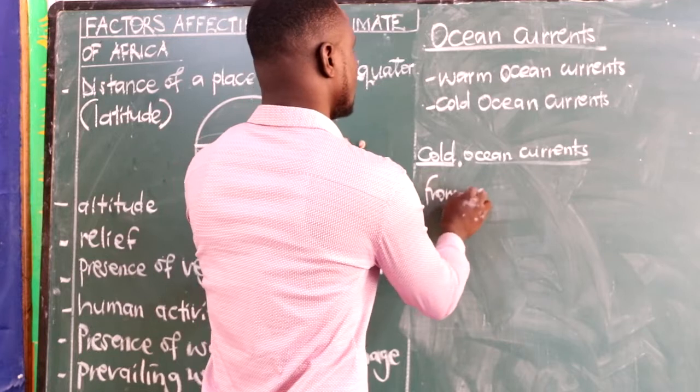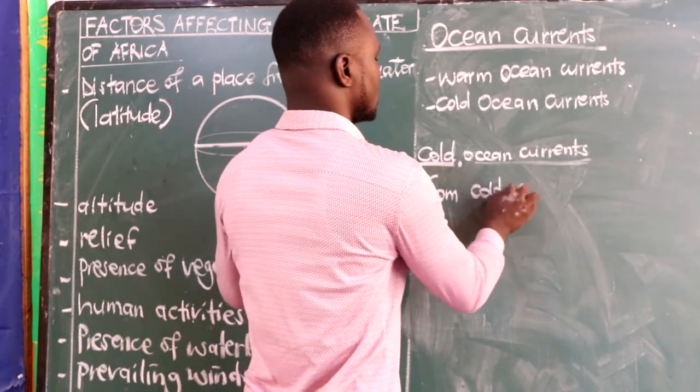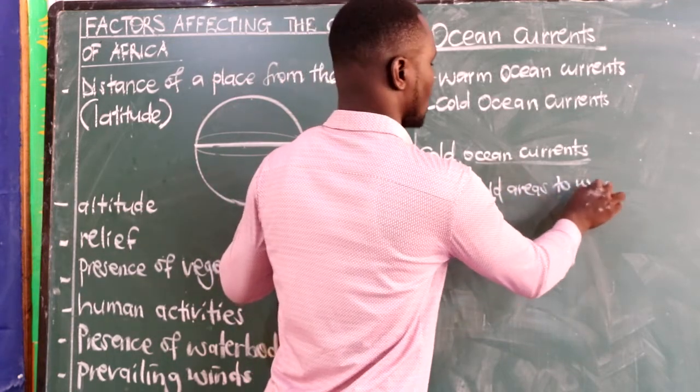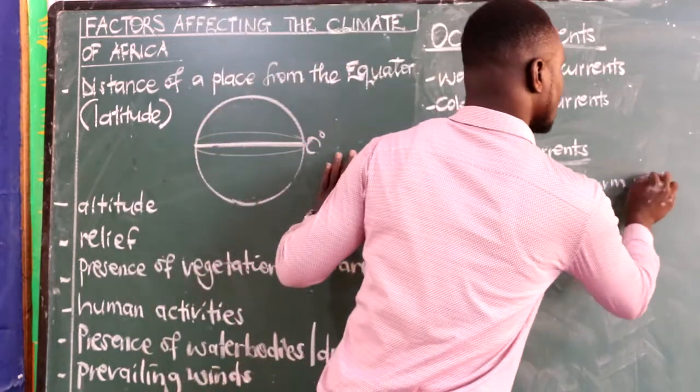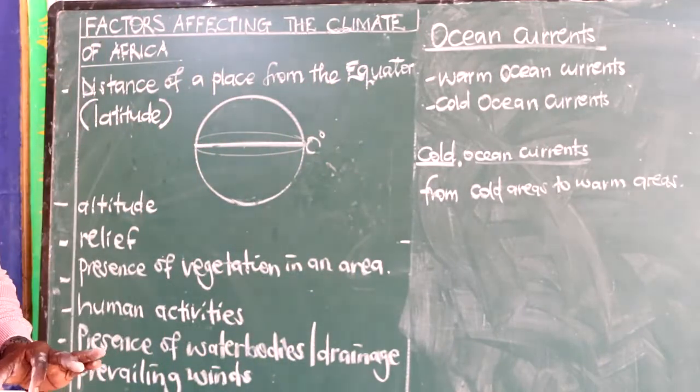They flow from cold areas to warm areas. And this type of current does not bring rain.